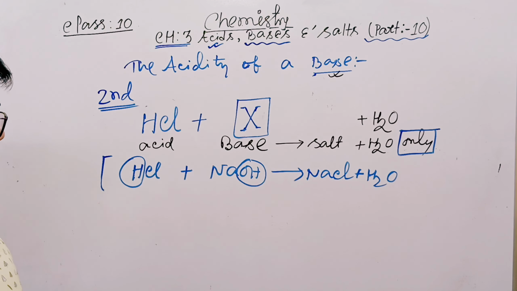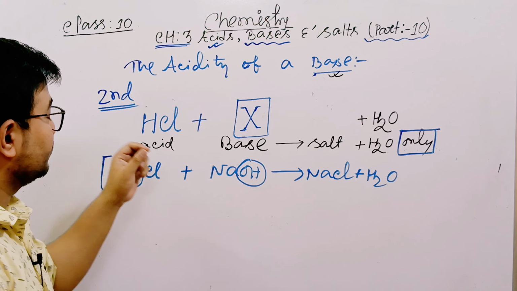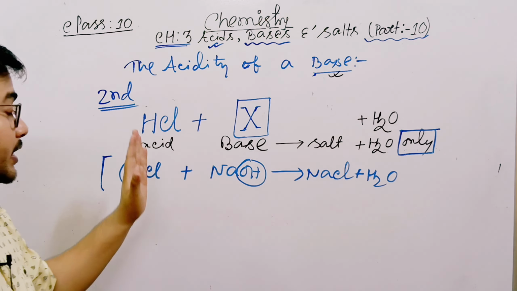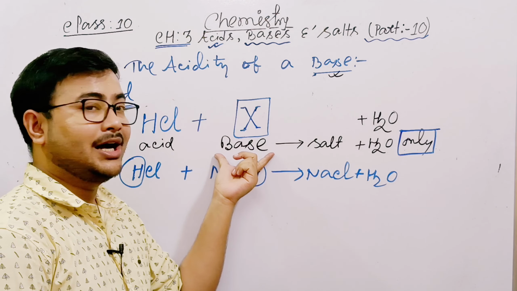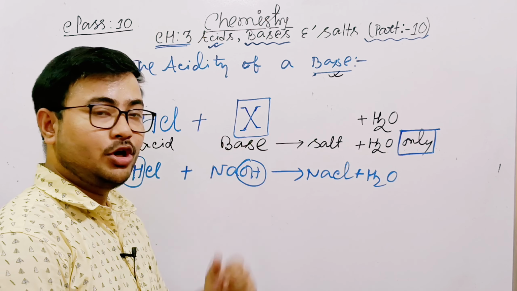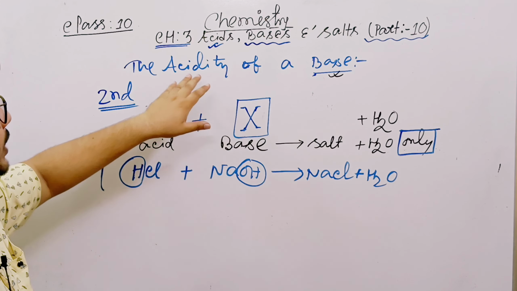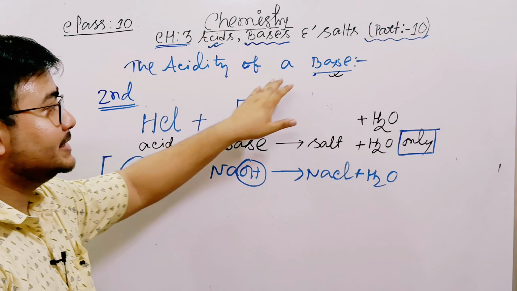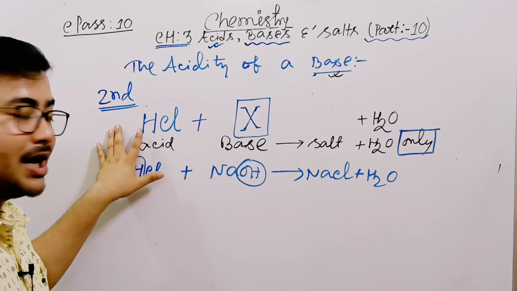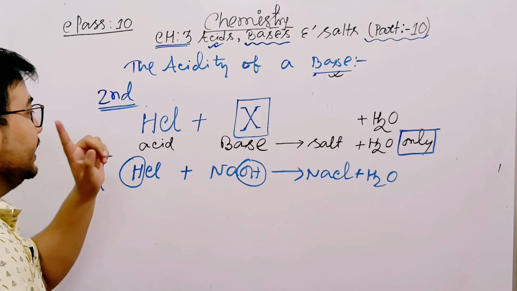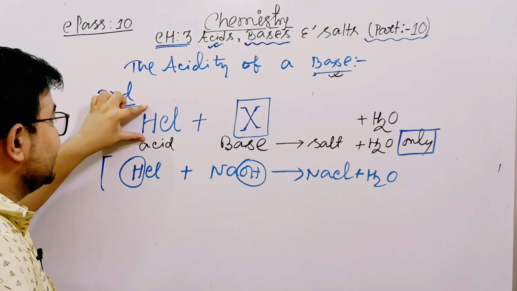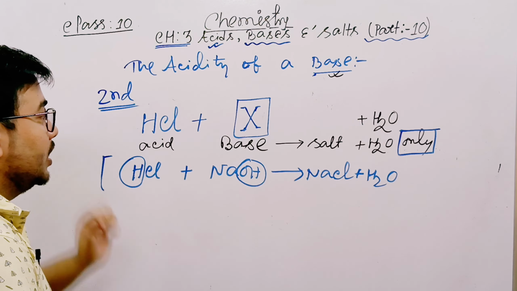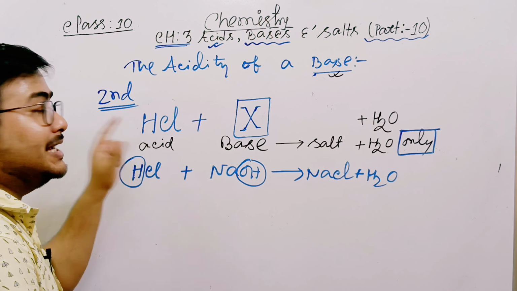Now my concern is that in that definition, I mean in the second type of definition, since I do not know what is the formula of base, you can predict the definition of the acidity of the base from this concept. How? See, since in acid, look at the board, what is the number of H atoms?